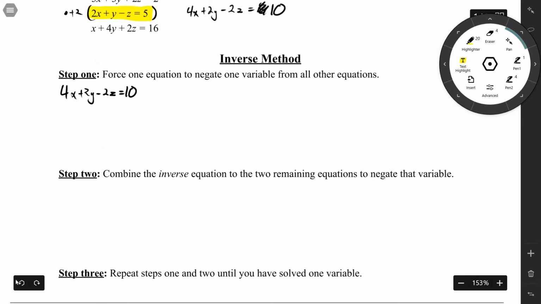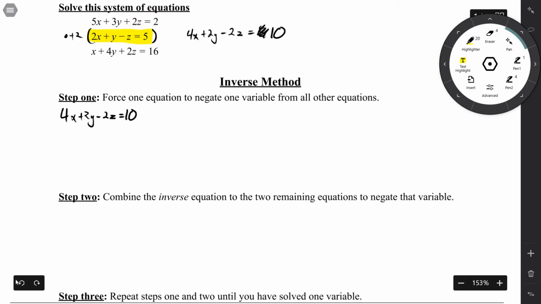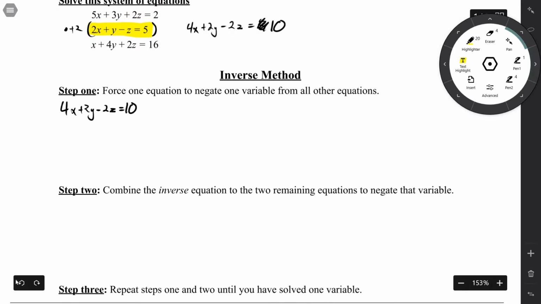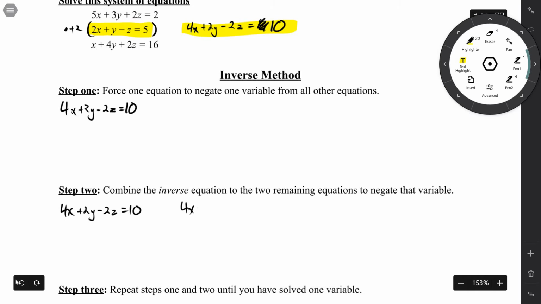Now combine the inverse equation with the two remaining equations to negate that variable. There is just more writing involved, but again, I genuinely think there is less math here. I'm going to write this one in twice because we're going to add it to two different equations. So 4x plus 2y minus 2z equals 10, and the same thing over here, 4x plus 2y minus 2z equals 10.